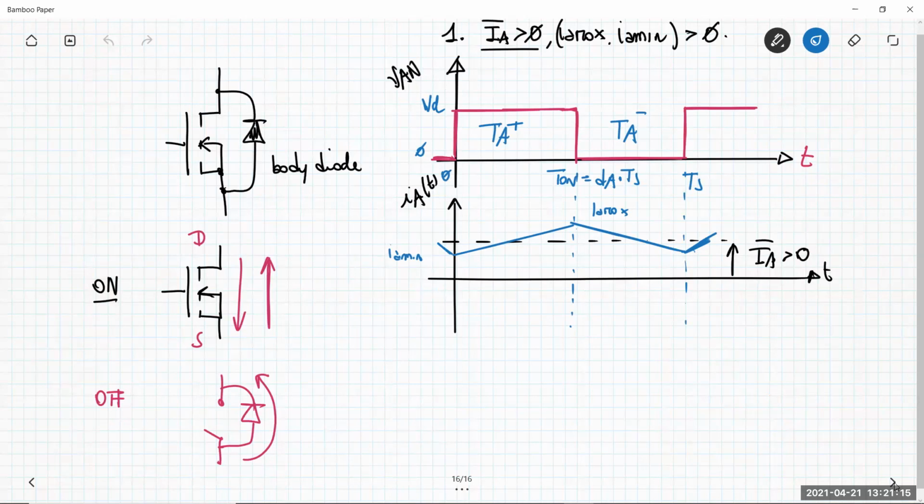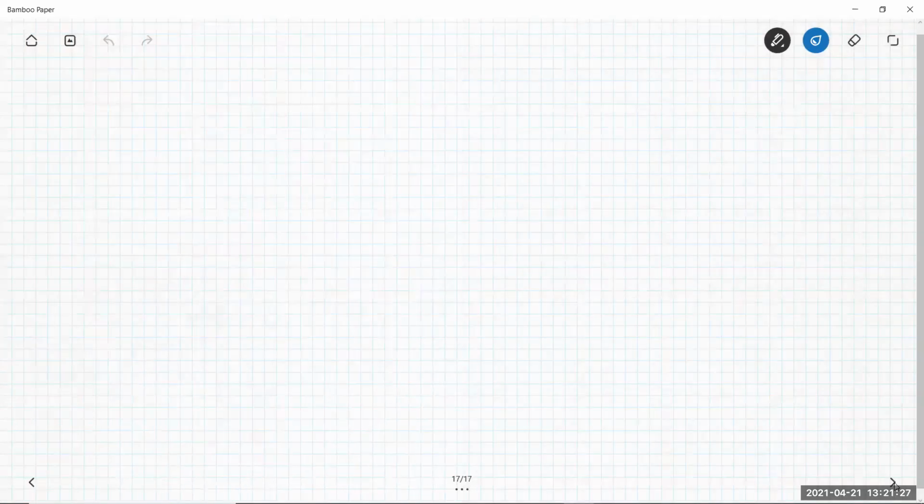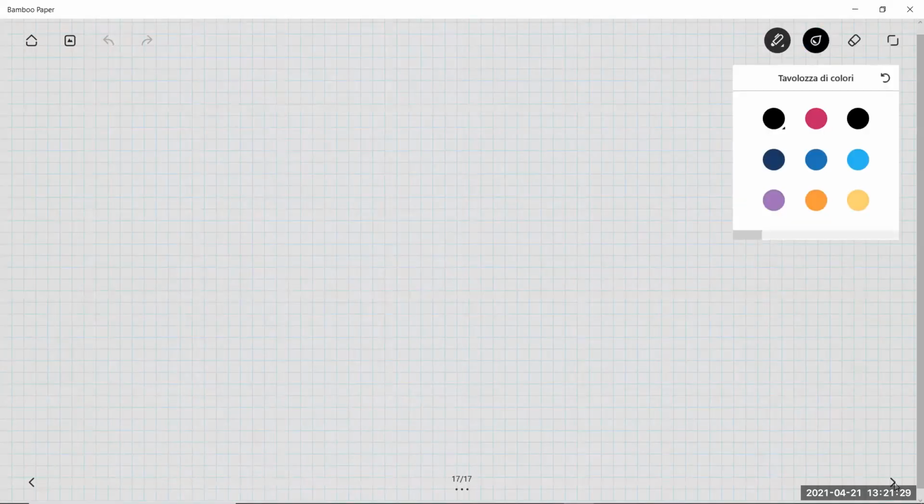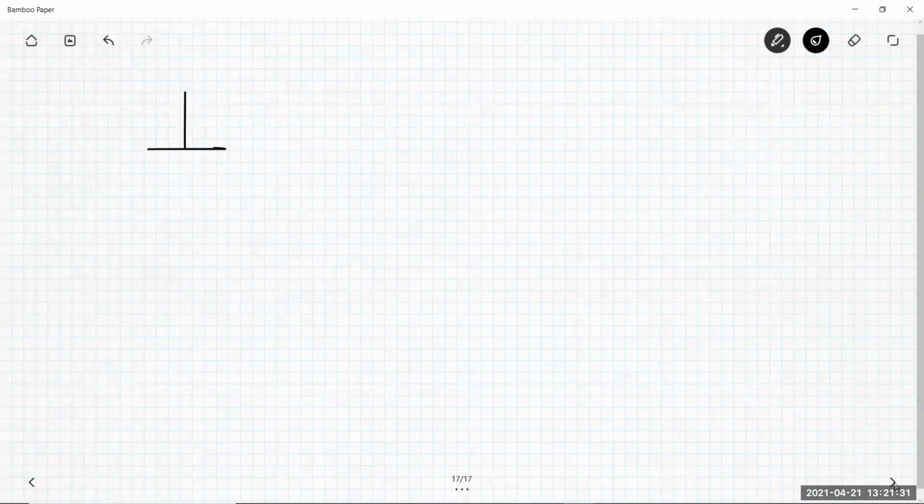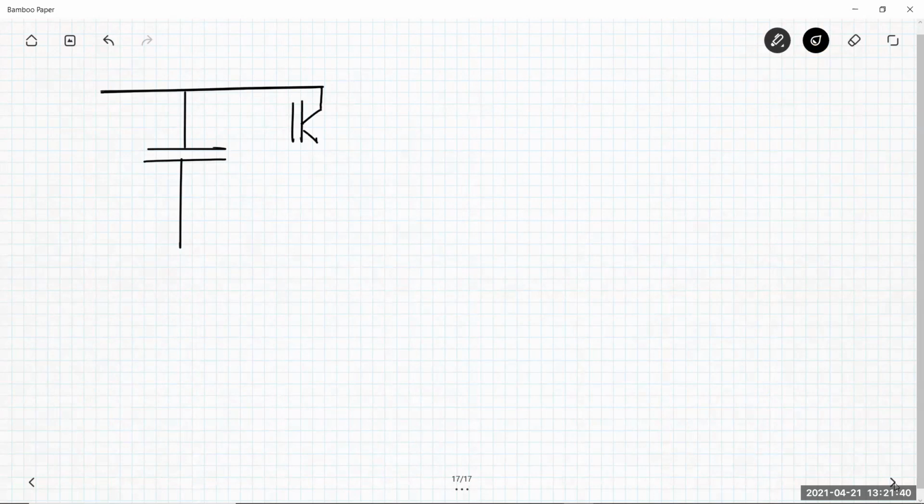So in this situation, which are the devices that are conducting the current? Okay, let me redraw here a very small circuit that exactly depicts my discussion. Okay, here we have the transistor that is on. This is for 0 up to T on.